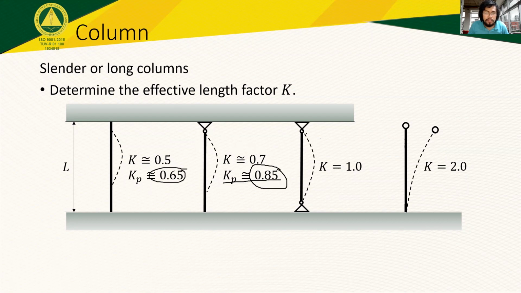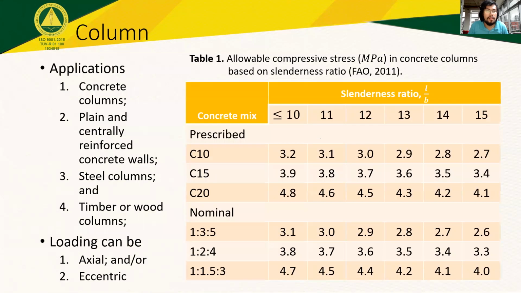For pinned in both ends, you just use k equals 1.0, and if it's a free end on the other end with a fixed end, you have a k equal to 2.0. So this is the effective length factor k.